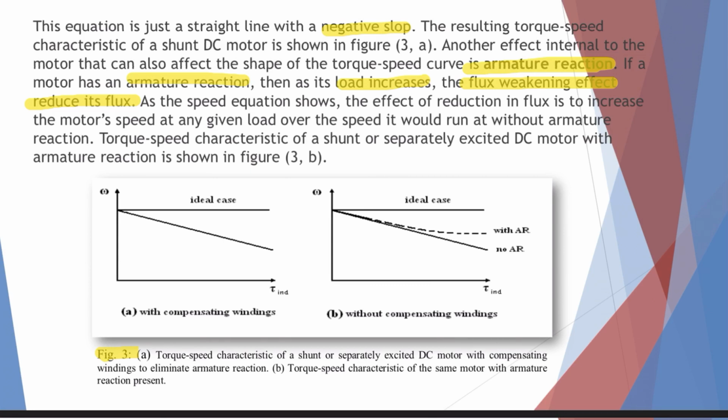The effect of a reduction in flux is to increase the motor speed at any given load over the speed it would run at without armature reaction. So the torque-speed characteristic of the shunt or separately excited DC motor with armature reaction is shown in figure 3B.